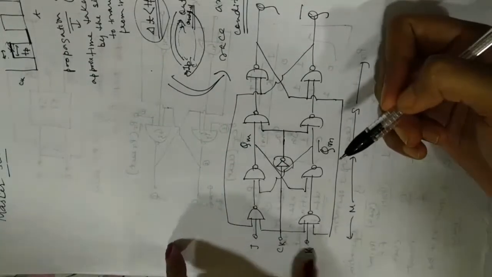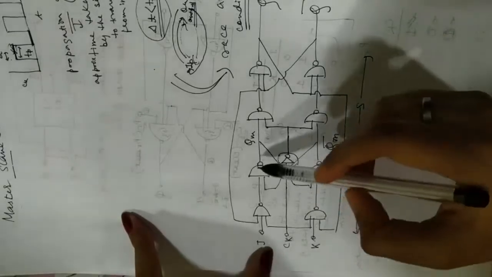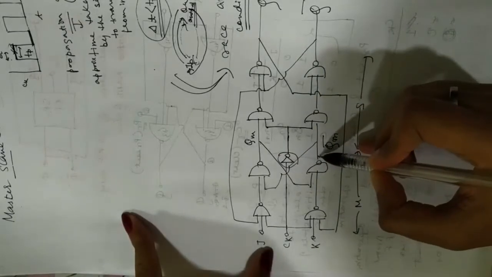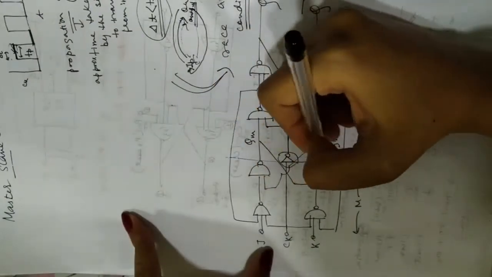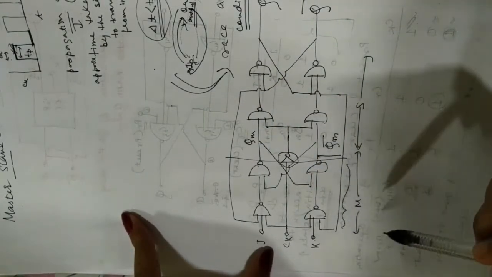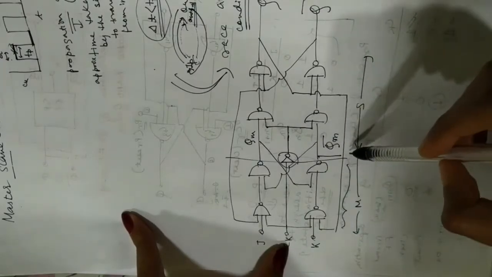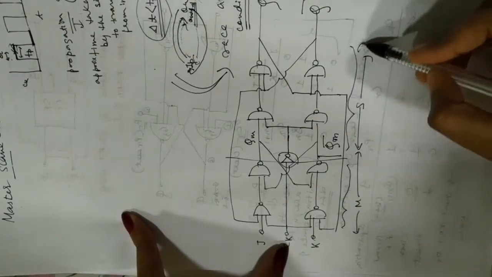That means when the clock pulse is active, this master flip-flop works. But since it is inverted, in the active period of the clock pulse the slave is non-working.